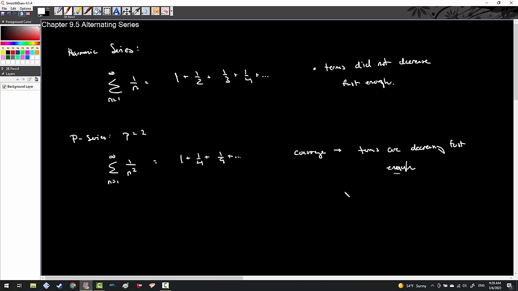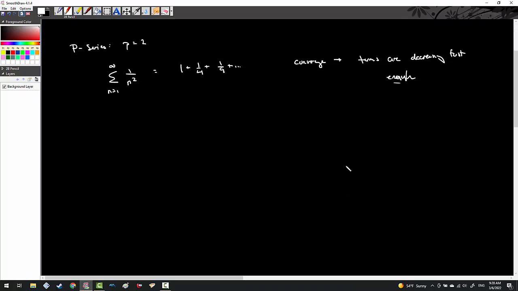So from here, let's take a look at a variation of the harmonic series, and it is called the alternating harmonic series.